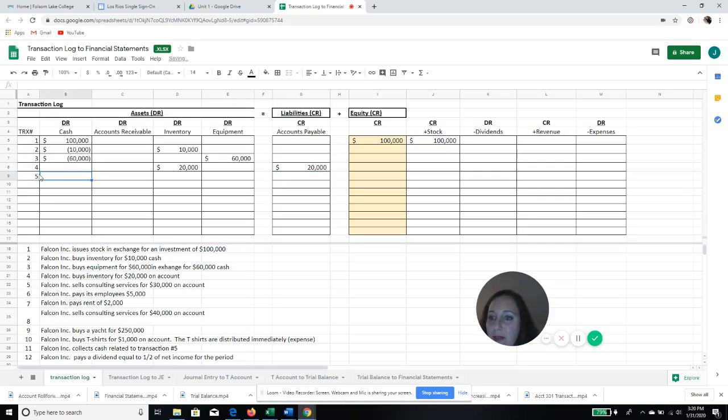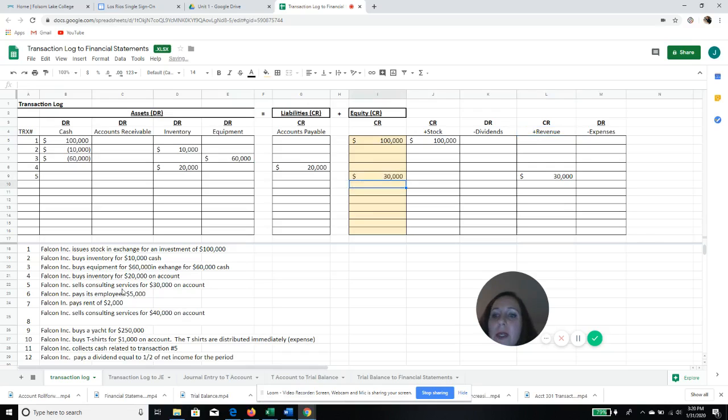Transaction 5. Falcon Inc. sells consulting services for $30,000 on account. Okay, so first of all, to sell the consulting services, we are going to increase revenue. Revenue increases equity, so we are going to increase equity.